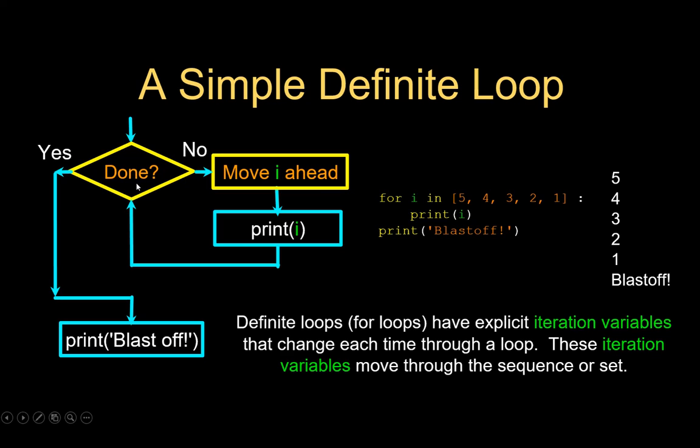We're asking the question: are we done? Are we done means, are we at the end of this string here? If it's no, we just move I one more and we're going to print it. If we get to the end of it, which means we have gone through this 5 times, we will get out of the loop block, and we're going to print the command after the loop block, which is print blast off.